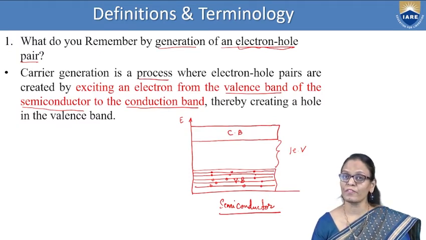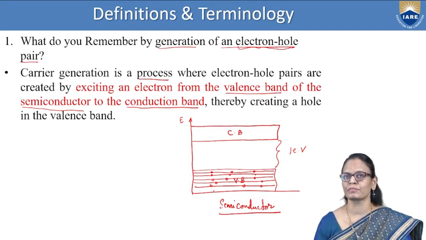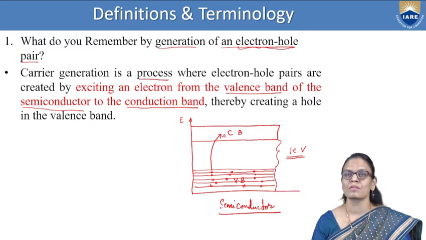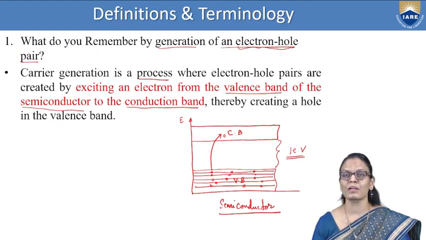Now, if we can supply some energy to these electrons, the minimum energy should be at least 1 electron volt to overcome this band gap. Then this electron may move to the conduction band. Depending upon how many electrons are moving from the valence band to the conduction band, there are holes generated in the valence band.